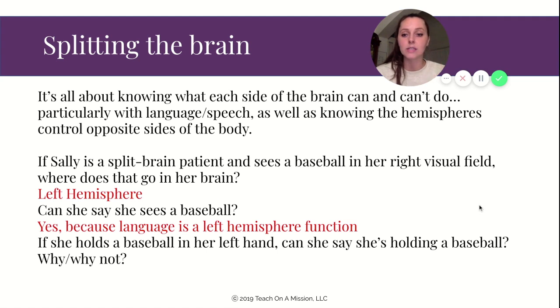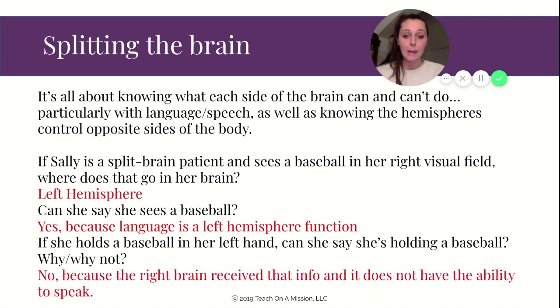Now, this is where it gets a little crazy. If she holds the baseball in her left hand, and we know that the left side of the body is controlled by the right hemisphere, can she say she is holding a baseball? No, because the right brain will receive that information.